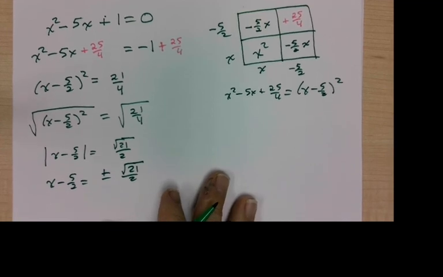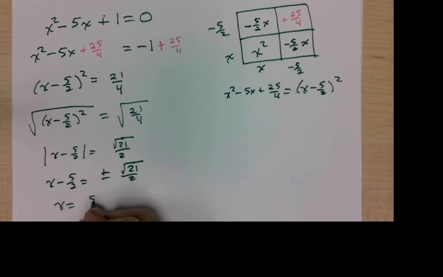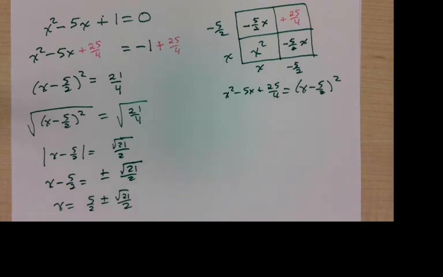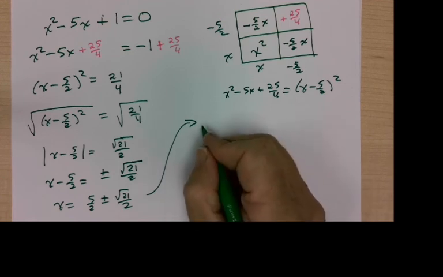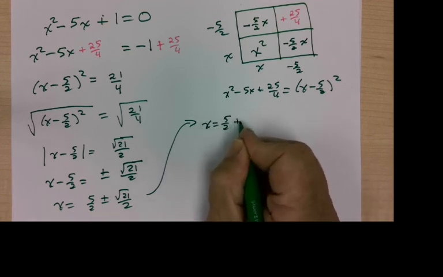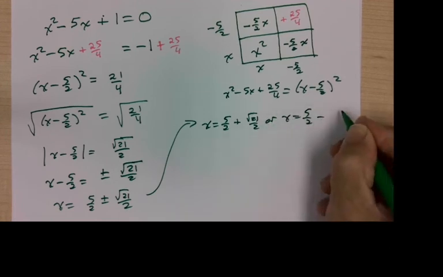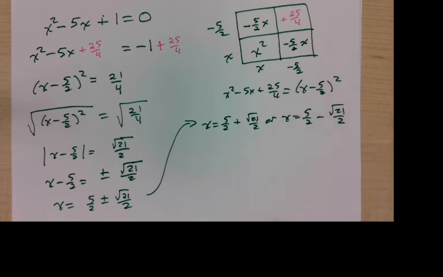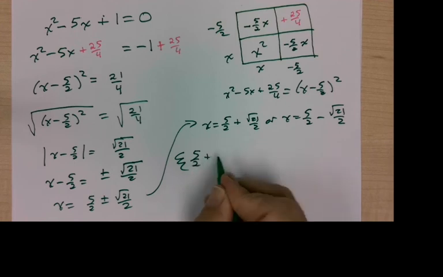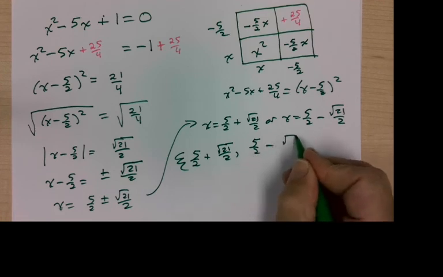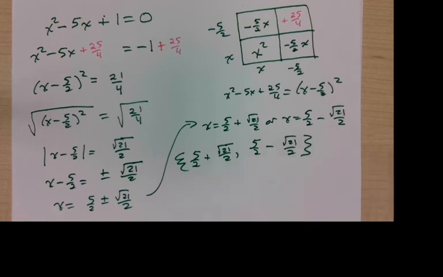So x is 5 halves plus or minus root 21 over 2. So I have two answers. What are those two answers? x is 5 halves plus root 21 over 2, or x is 5 halves minus root 21 over 2. So our answer is, in the curly braces, 5 halves plus root 21 over 2 and 5 halves minus root 21 over 2. And that will conclude this lesson.